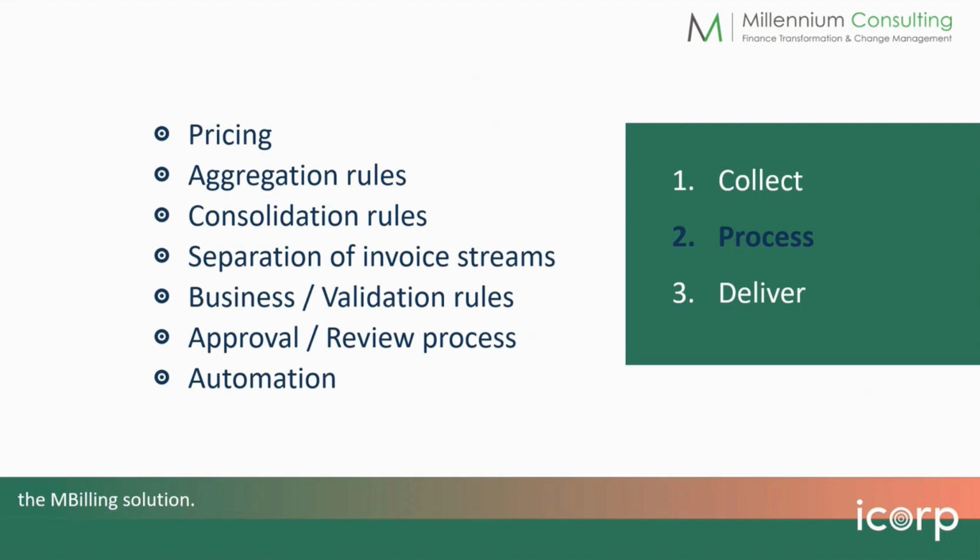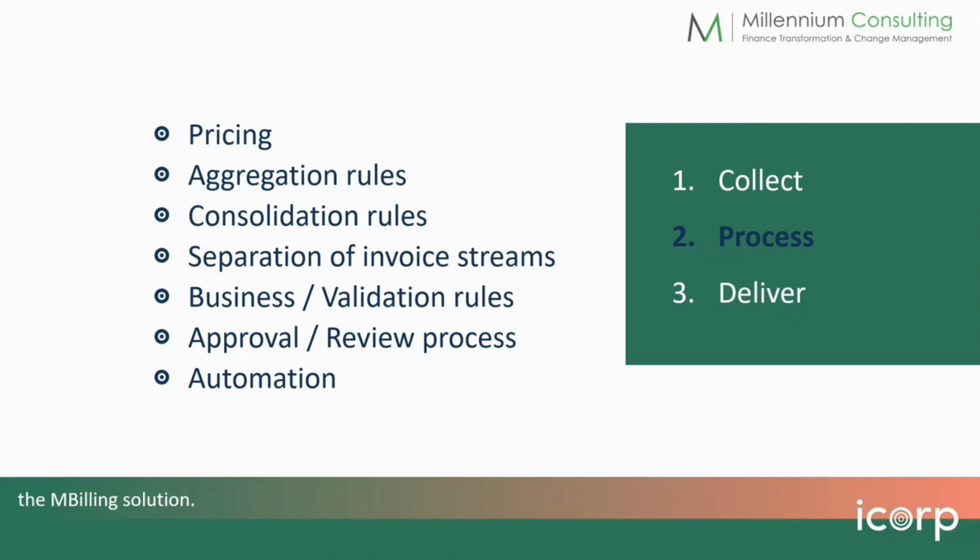When it comes to processing, we have to apply pricing algorithms. Well, this is actually the area where most of your business rules take place. Later in this presentation, I will show you how we form invoices. But there are so many ingredients taking place here. This is actually the core of the billing solution.